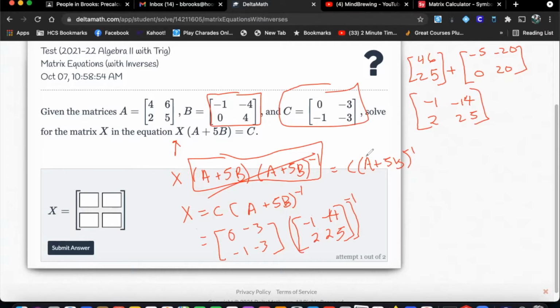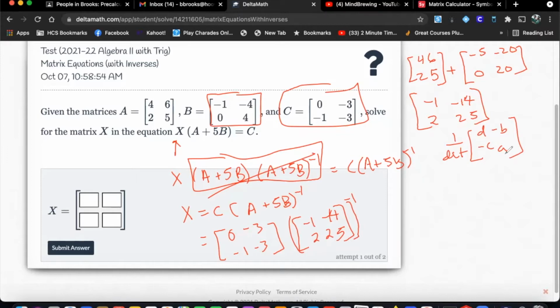So we've got to invert it. Well, remember our shortcut for inverse is 1 over the determinant times d, negative b, negative c, a. So all we're going to do is find 1 over the determinant times all that stuff.